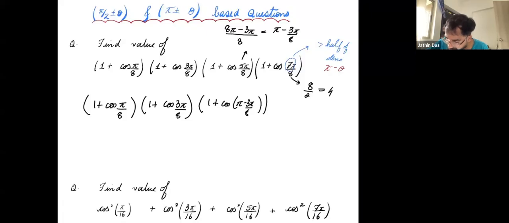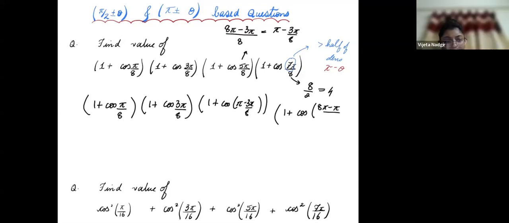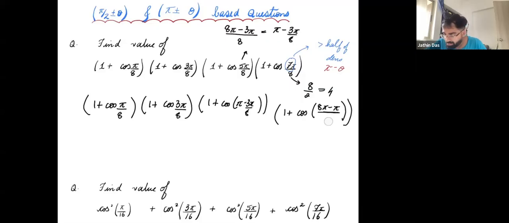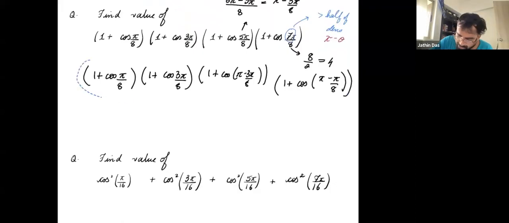Like that. 7 I can write as 8 pi minus pi by 8. Correct? Now I can remove that 8 and I can write it as pi minus pi by 8. Okay? Till here clear? Okay. Now in this there is no change. Not at all any change. So this will, as it is, come down.